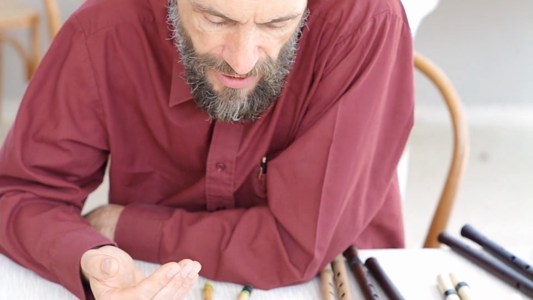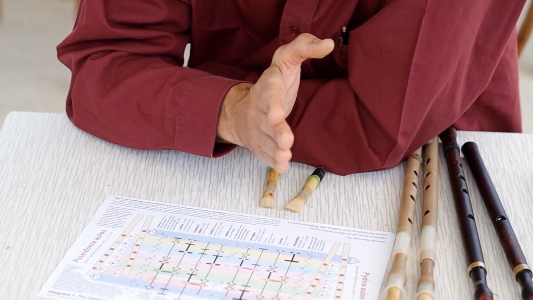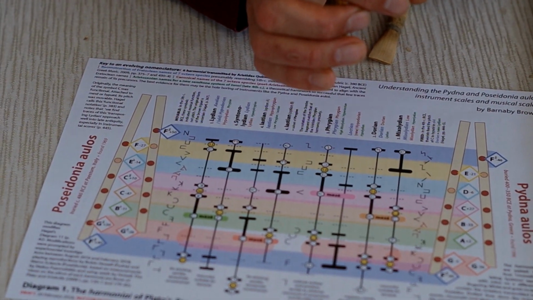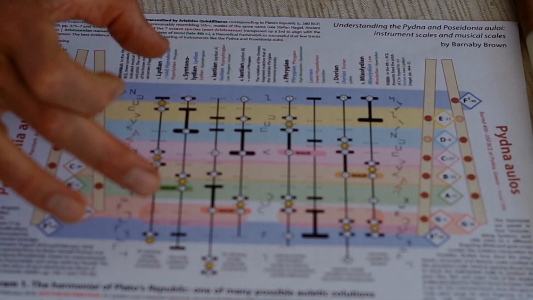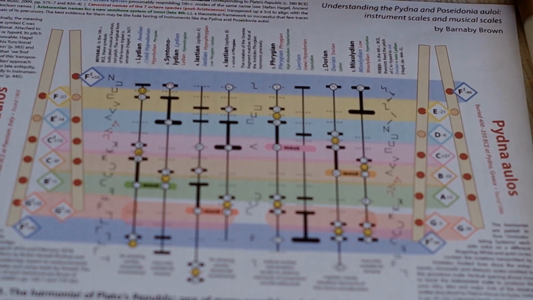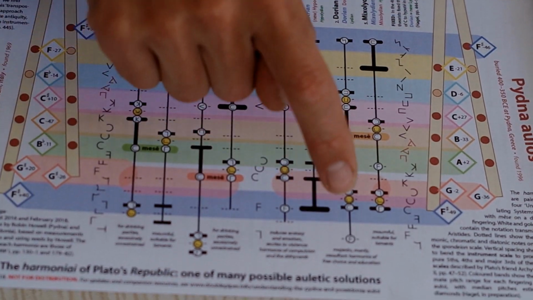And here with Aristides, I would interpret this not as a modulating system, but as 6 different harmoniae, each of which would have its own dedicated aulos. However, you can imitate them all on the Pidna Posidonia, and the only ones that you're missing, you don't have these notes that are off the bottom of the chart.